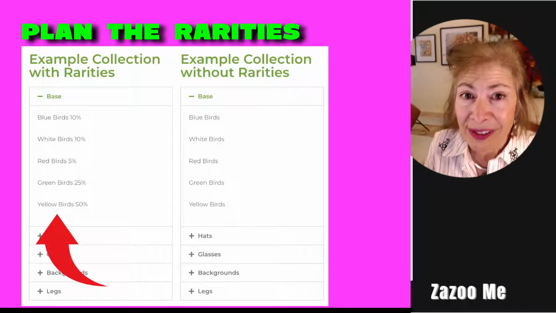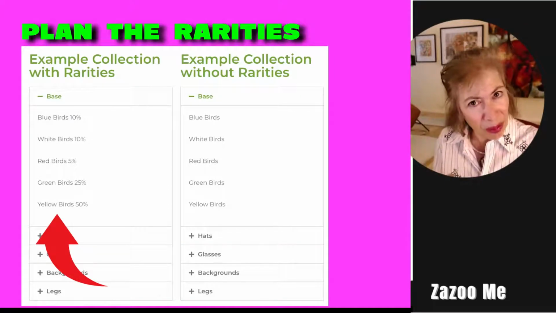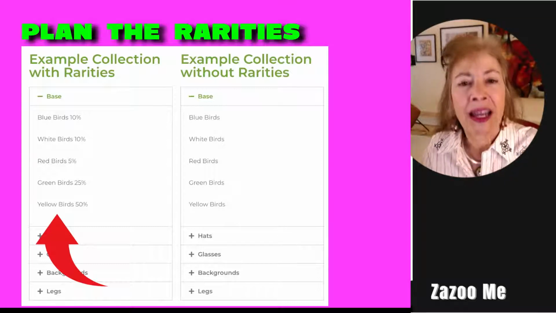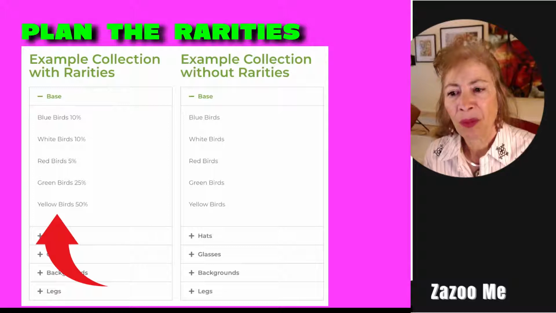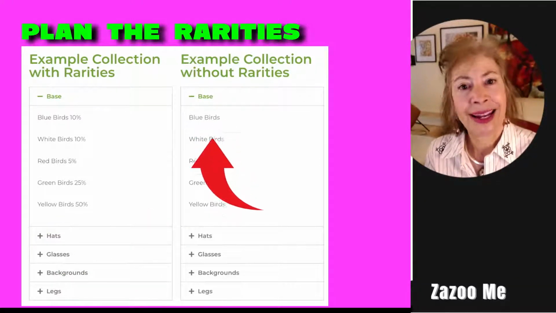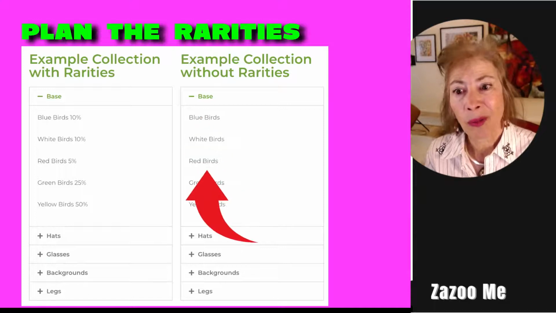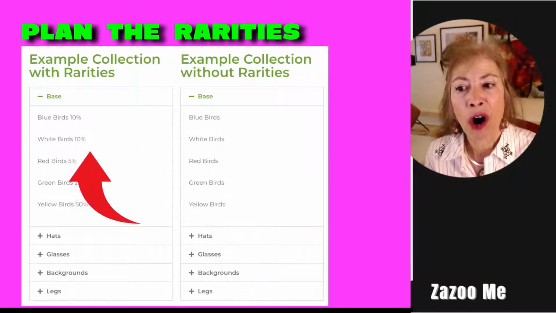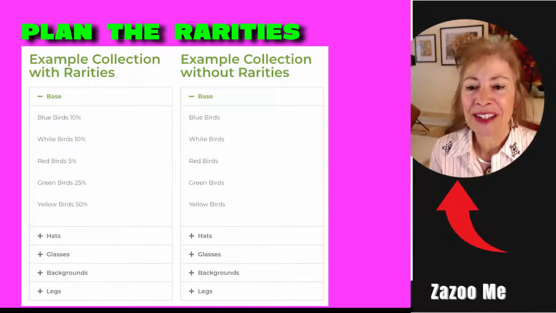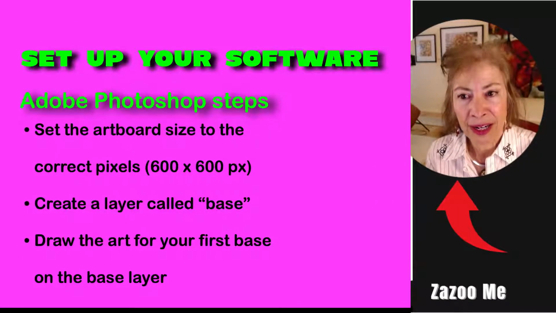These are the rules that you're going to enter into the software program so that it can randomly generate the entire collection. Now, if you did not want to have rarities, then it's just blue birds, white birds, red birds, green birds. There are no percentages. And it's the percentages that create the rarities.